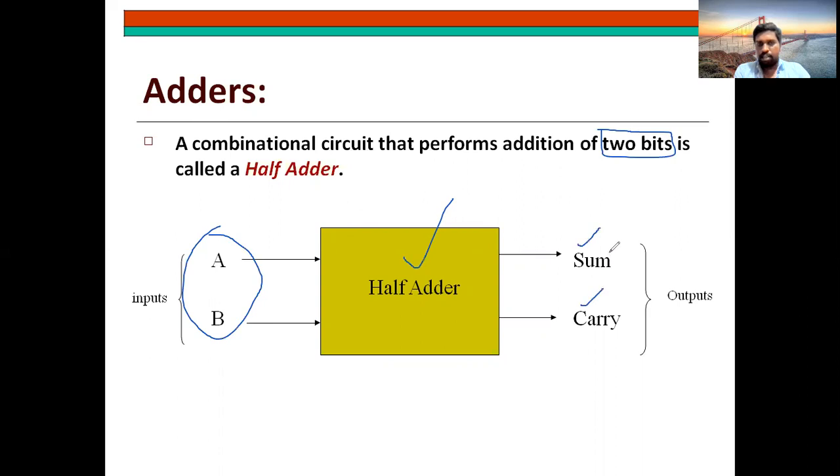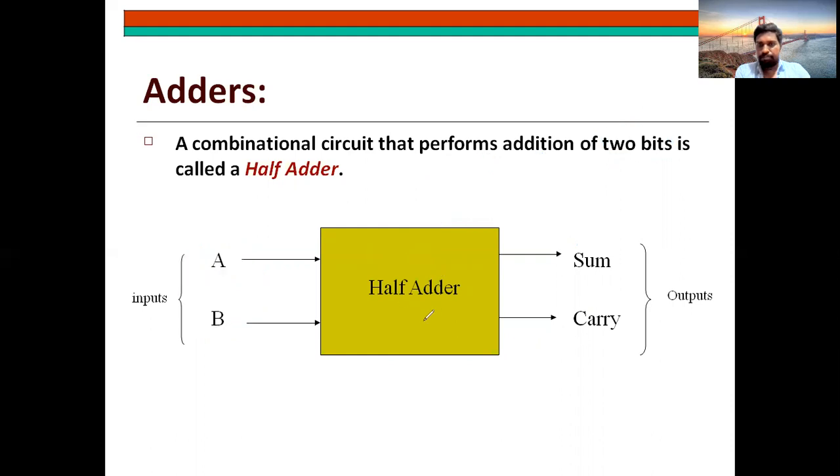That you know already. But here the condition is inputs will be two. If the addition operation is performed between only two bits, it is called a half adder.